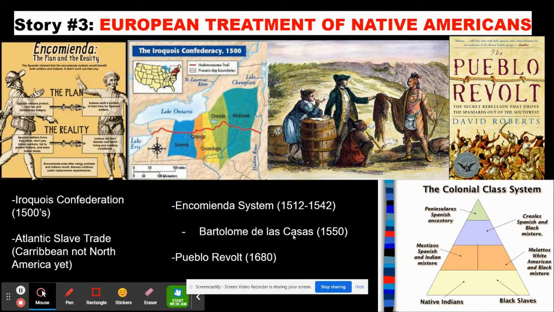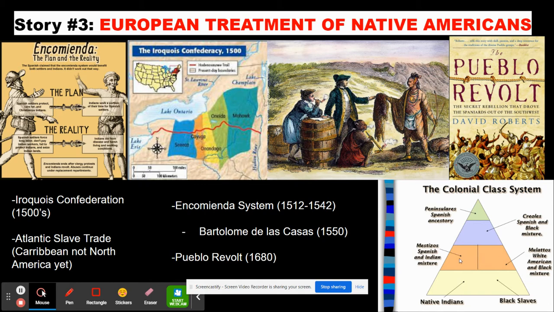Specifically, in addition to the Encomienda system, if you guys take a look at this over here, after the Encomienda system and so many natives died of disease, the Spanish did begin to bring in African slaves, and this was known as the Asiento system. And so what you're going to see here in the New World is kind of a class system develop of Spaniards, Creoles, which are a mix of Spanish and Black ancestry, and then two terms that you'll see again, mestizos and mulattoes.